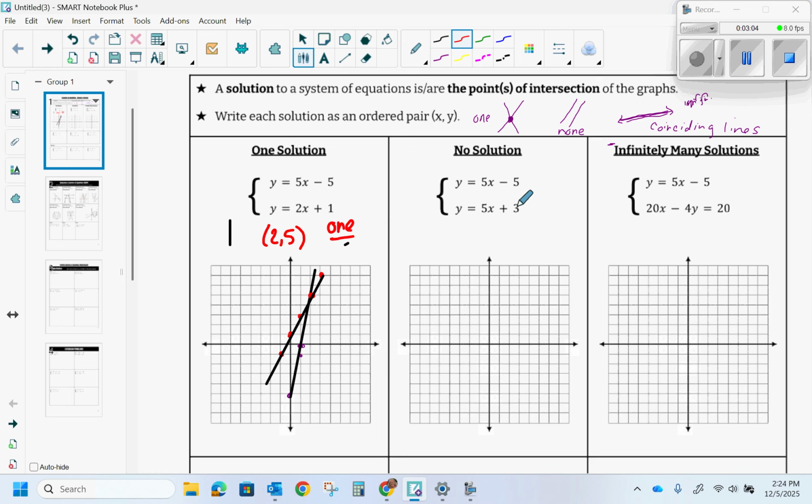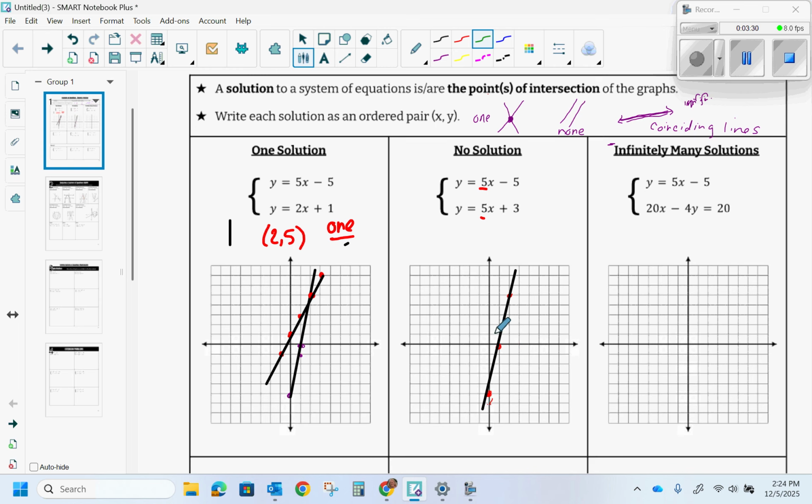These two lines, you can probably guess by looking at their slopes. The slopes are the same. If you recall from Algebra 1 and just graphing in general, this is -5. You've got a line that has the same slope, different y-intercepts.